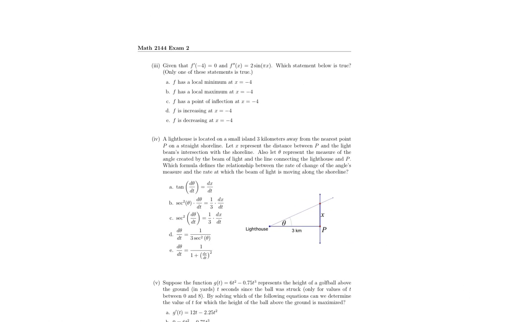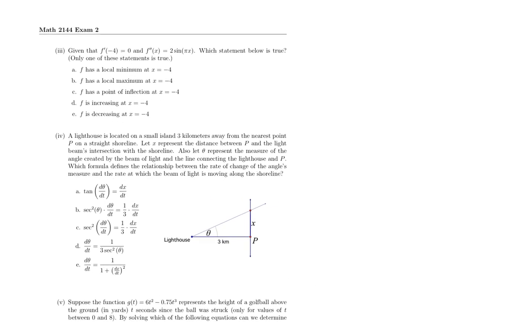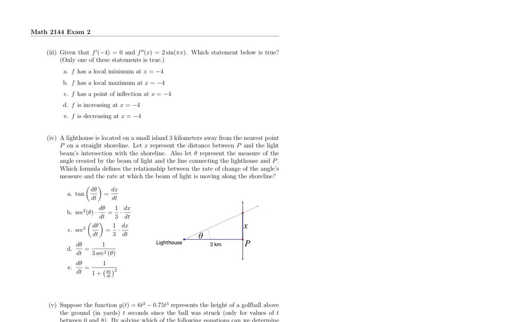Okay, so for the next one, given that f prime of -4 is 0 and f double prime is 2 sine of pi x, which statement is true? So, all right, I know that f prime of -4 is 0, so this means that -4 is a critical point of f of x.